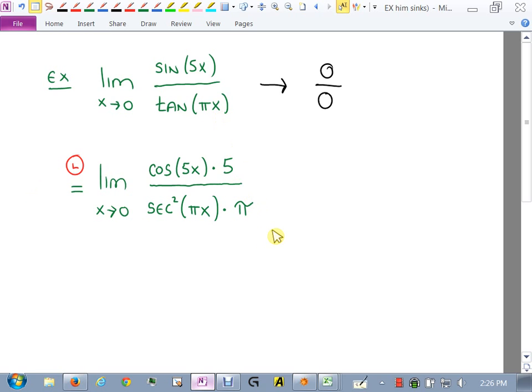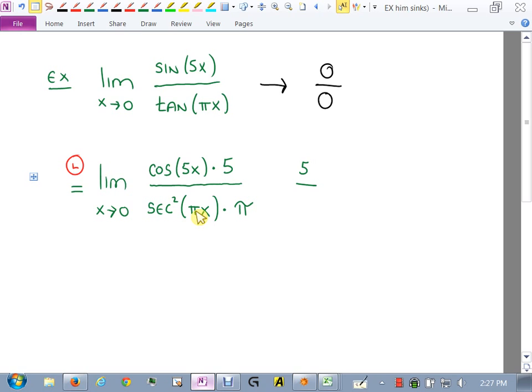Now let x go to 0. These are constants, yes. 5 times 0 is 0. Cosine of 0 is 1. 1 times 5 is 5. So the top is going to 5 over, okay, secant is the reciprocal of cosine, right?